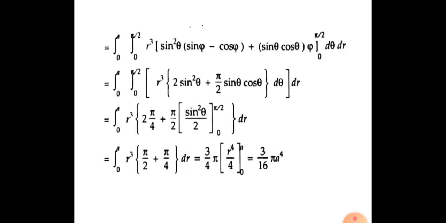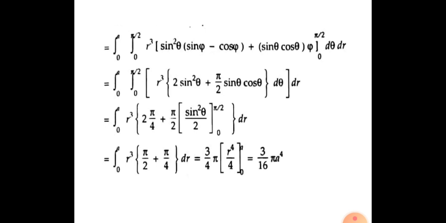Now integrate with respect to theta. R cube is constant: 2 pi by 4 plus pi by 2 sin square theta by 2, limits 0 to pi by 2. Applying the upper limit, the 2 gets cancelled: pi by 2 plus pi by 2 into sin square pi by 2, which is 1, so pi by 2 into 1 by 2 is pi by 4.